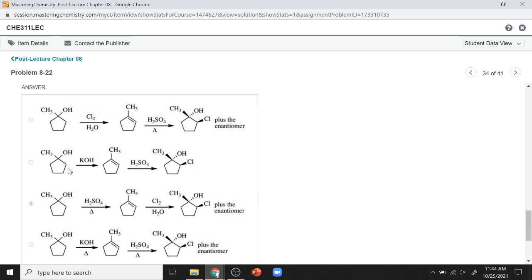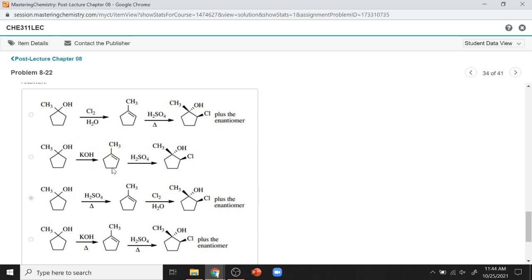Okay, so will a base give us a double bond? If we had a base come along here, what would it most likely deprotonate? The OH, right? It's probably not going to deprotonate the carbon, is it? And so that's probably not going to give us what we want, right?